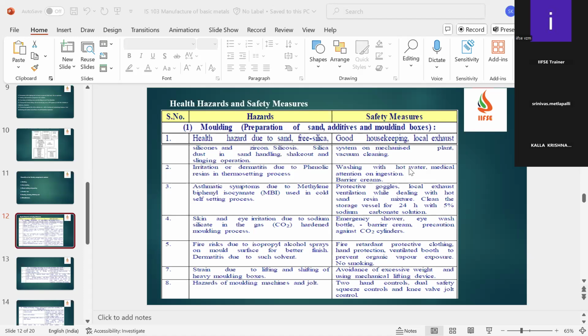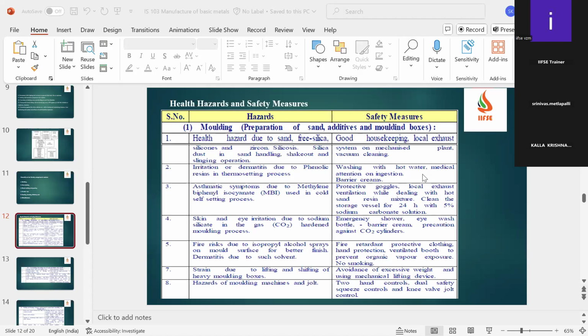Then a system on mechanized plant and also vacuum cleaning, even for exposure to silica dust. So we should have a vacuum cleaning process to avoid the free silica dust exposure apart from the local exhaust.